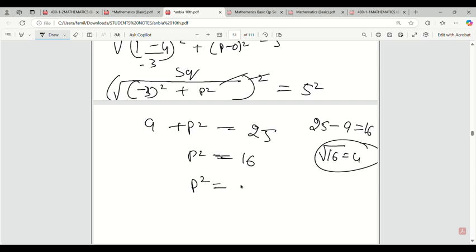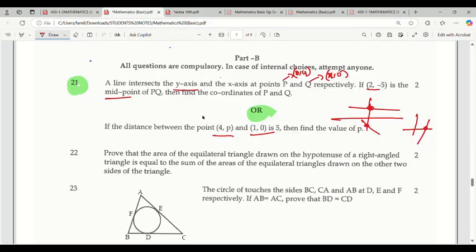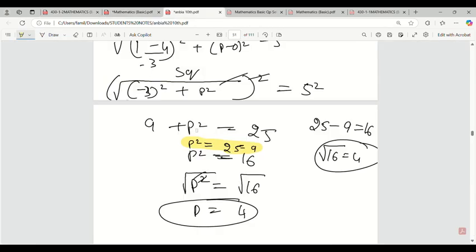Apply square root on both sides, square root cancels, and the square root of 16 is 4. So p is equal to 4. I am still writing the step 25 minus 9 here so that you can easily understand; if you want, you can skip the step. So the value of p is 4.